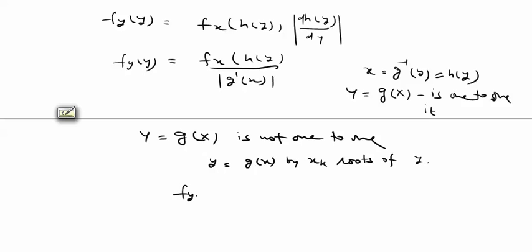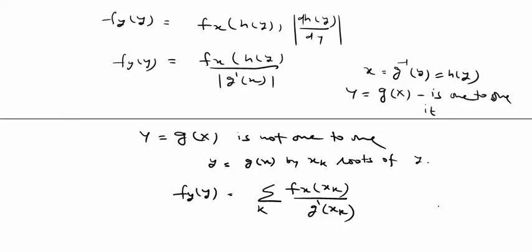Then f_Y(y) equals the sum over k of f_X(x_k) upon mod g dash x_k. If some function has two roots, meaning two different values for the root locations, we divide by g dash x at that value with the mod function. These three formulas we can apply in this question.